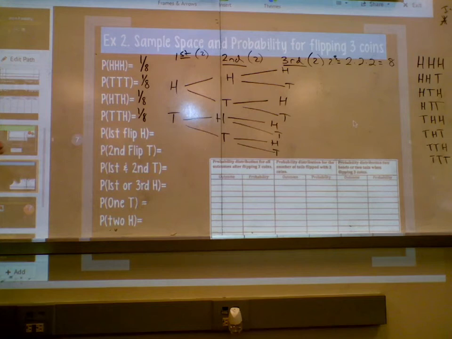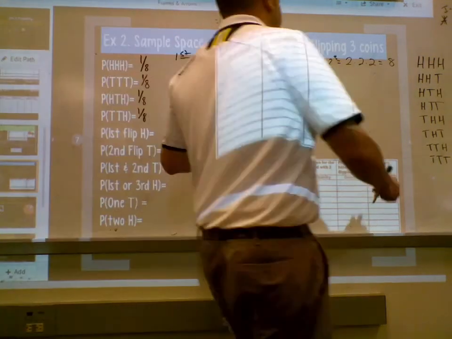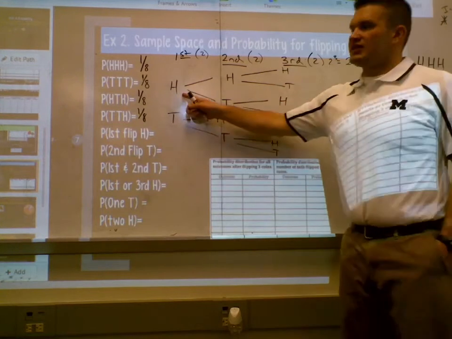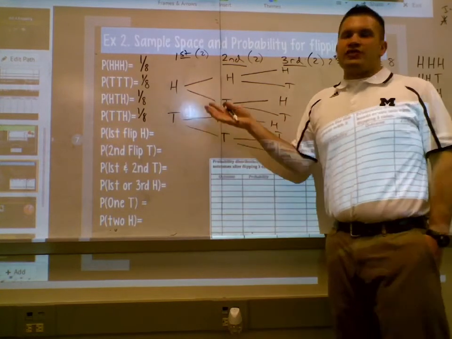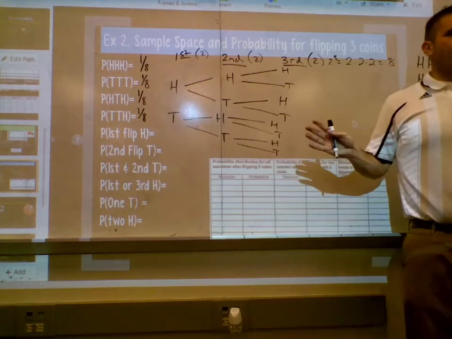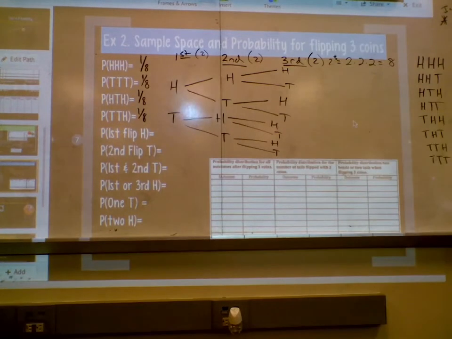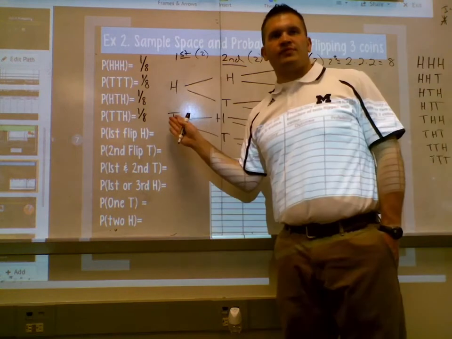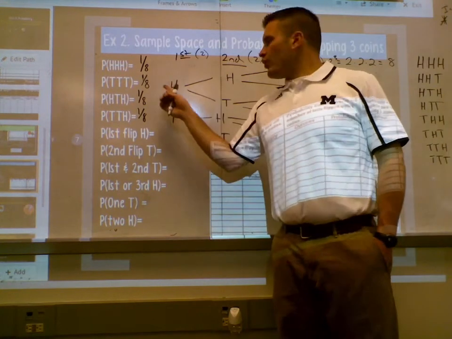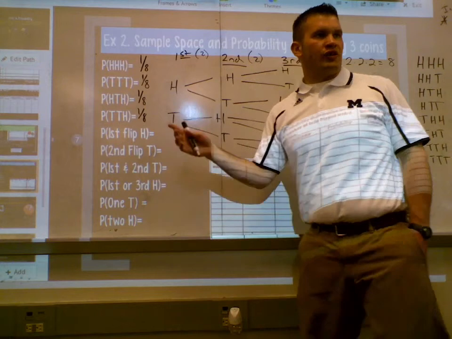Okay. Probability the first flip is a head. So that means that the first one is heads, right? Well, there's 2 ways I can do this. I can look at my little tree diagram, or I can look at my sample space. If I look at my first coin, how many of these are heads? 1 out of 2, 1/2, right?